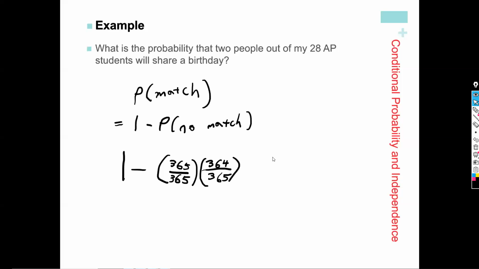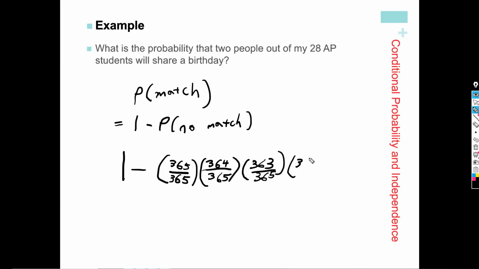Now, person number three has fewer days to choose from there, because not only do they have to not match with the first person, they also have to not match with the second person. So that means they have 363 days to choose from out of 365. Person number 4 now has person number 1, person number 2, person number 3 to all avoid.